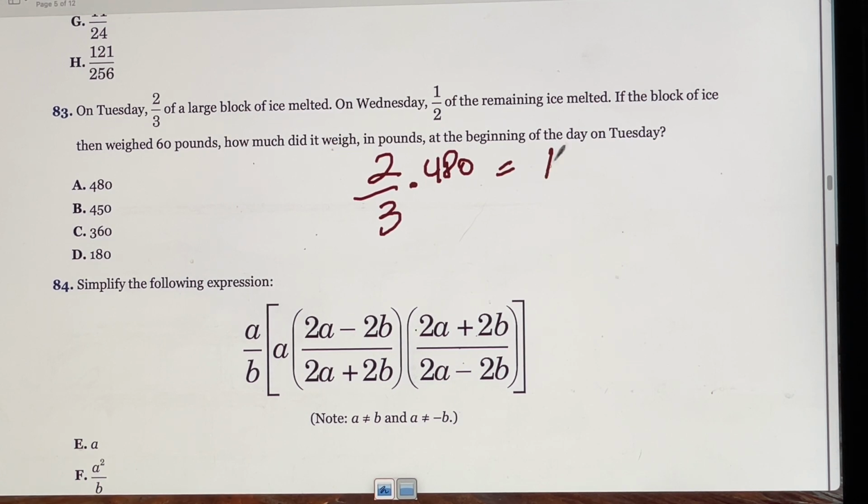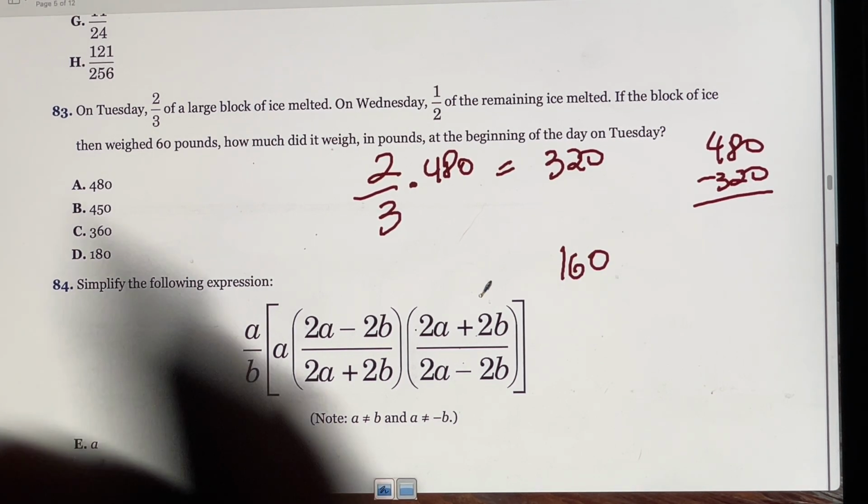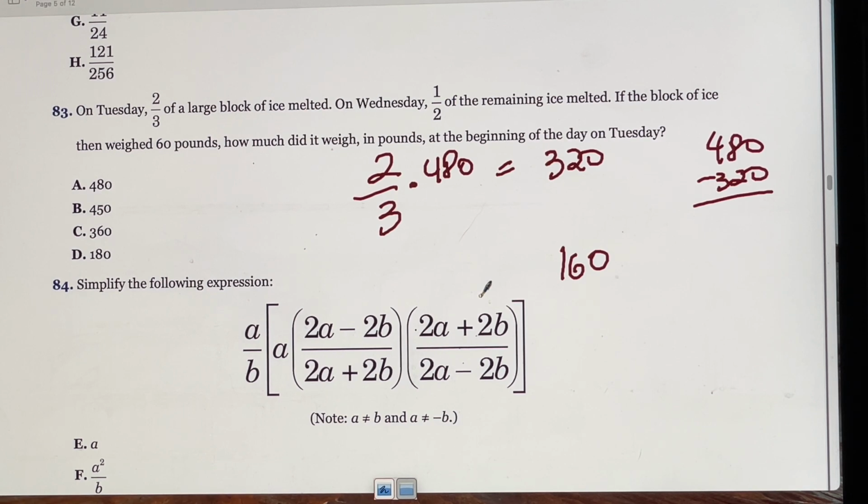So we have 160 left, right? 2/3 of 480 is 320, and if you do 480 minus 320, you have 160 pounds of ice left. On Wednesday, if you take half of 160, you have 80 left. So is that the correct answer? No, because we need to have 60 left.